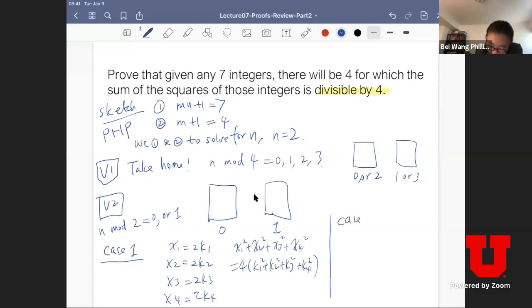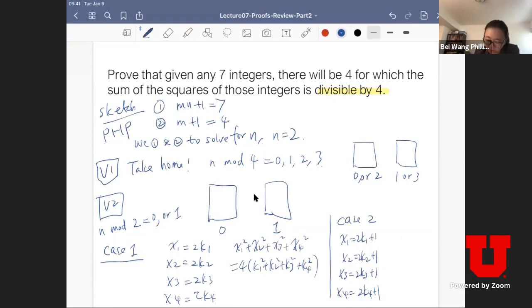Second case, case number 2, is when all numbers are odd integers. So x1 is equal to 2k1 plus 1, x2 is equal to 2k2 plus 1, and the same thing with x3 and x4.